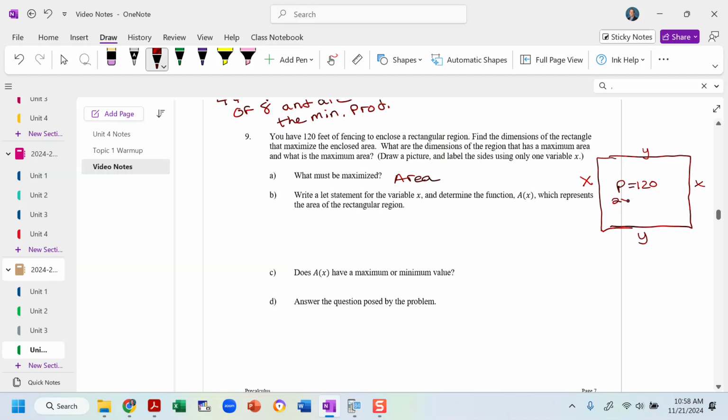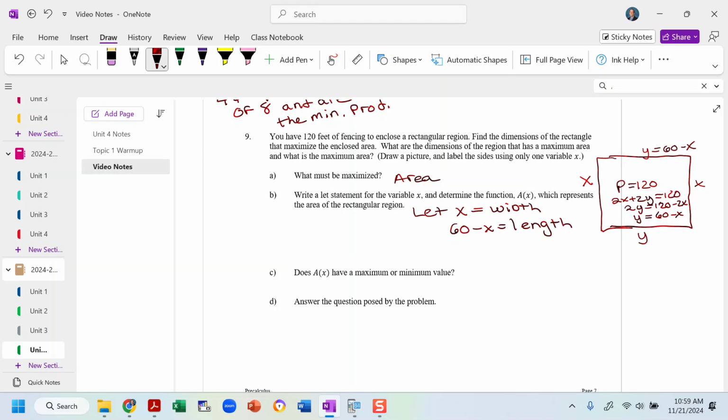So we know 2x plus 2y equals 120. So 2y equals 120 minus 2x. So y, when you divide, is 60 minus x. So let x equal the width, and then 60 minus x is going to equal the length.